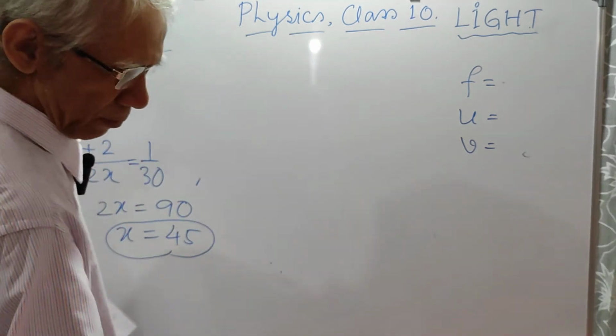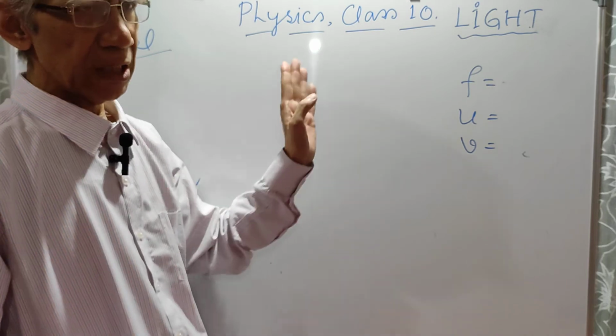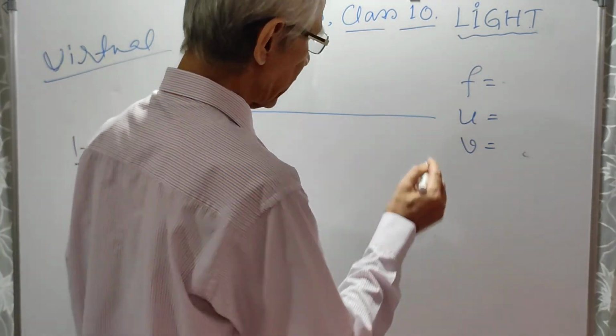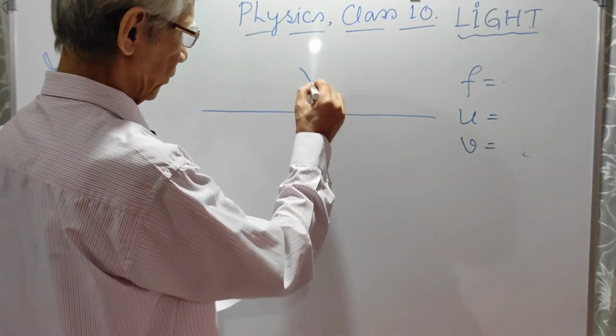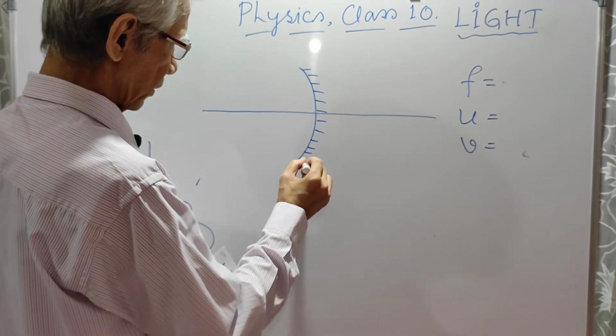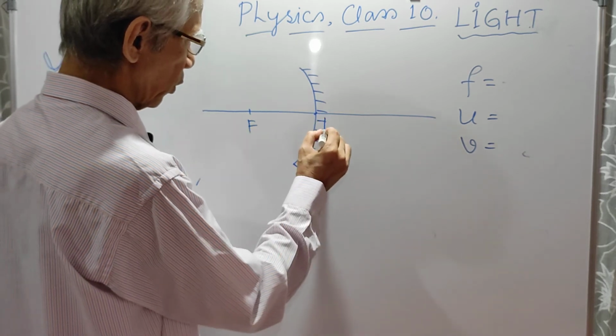In case of real image, object and image are on the same side. In case of virtual image, it will be on the opposite side. This is the drawing. You have to be acquainted with all the drawings, so take care. This is a mirror. Now this is the focus. This is the pole.